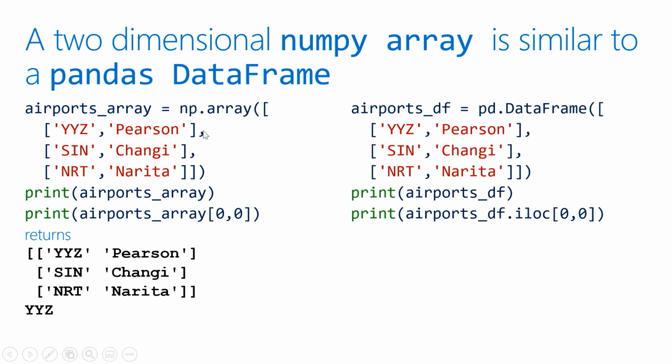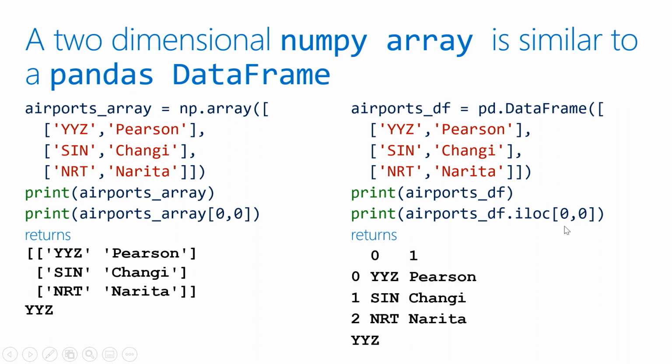I declare a NumPy array, and I specify the values for each row and each column. If I want to print all the values, I just pass in the array name. If I want a particular value, I specify the row position, then the column position, in that order. With a data frame, again, I pass in the values for the different columns and rows, print the entire data frame, or use iloc, index location, to specify a row and column position to request a specific value.